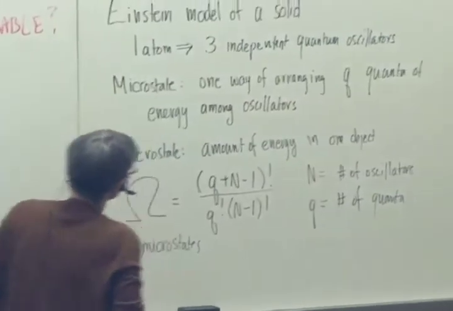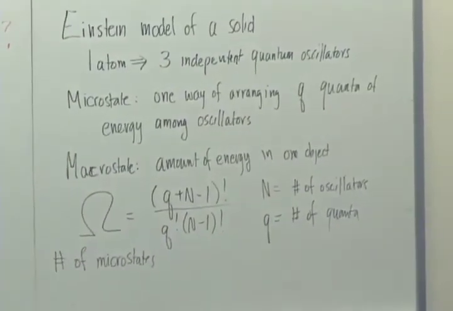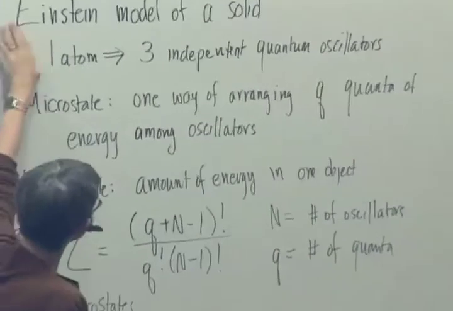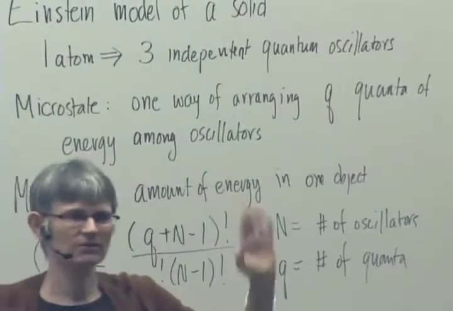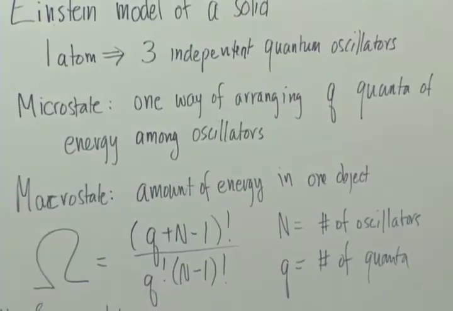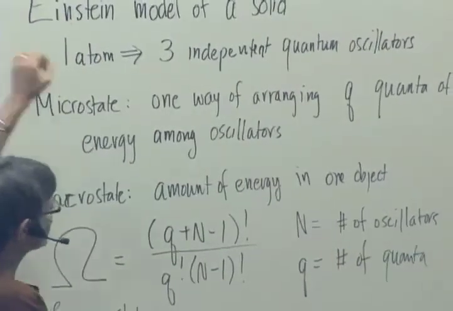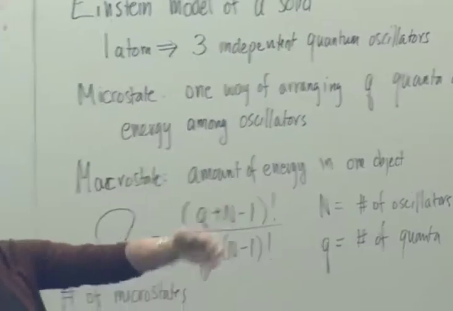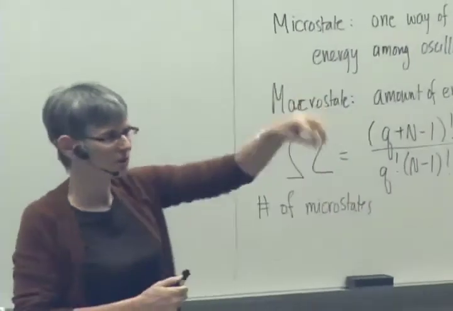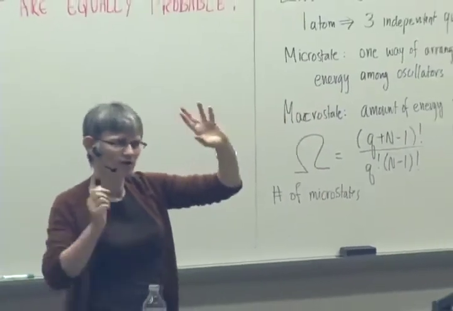And that's our model, the ball spring model of the solid, except that we're talking about three oscillators for every atom. And we've been talking about dropping energy into these systems in little packets that we call quanta.